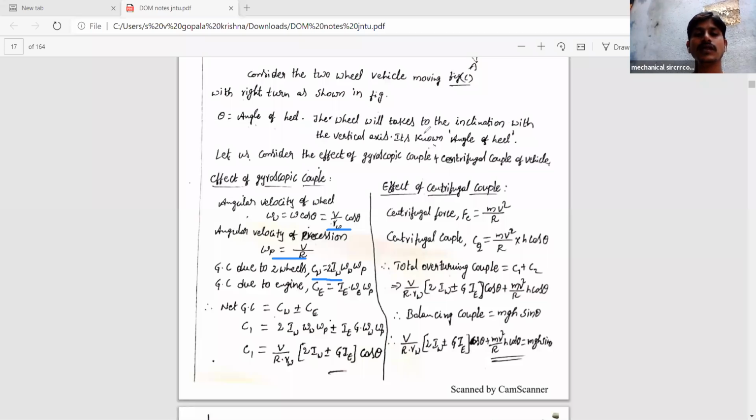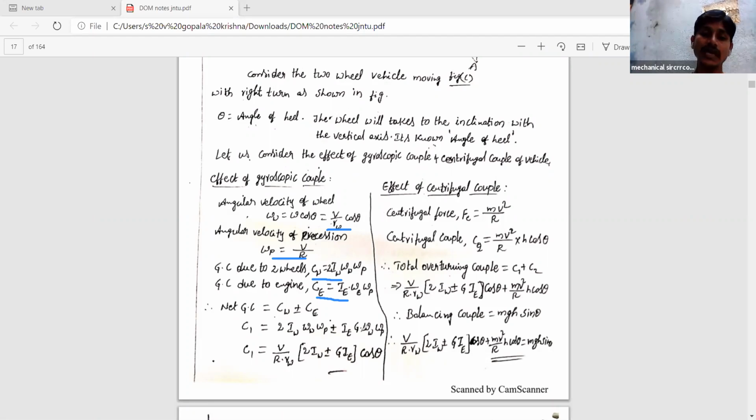Now the net gyroscopic couple. The net gyroscopic couple means the sum of the gyroscopic couple due to the wheels and the gyroscopic couple due to the engine parts. So the net gyroscopic couple C1 equals 2 into I suffix w, omega suffix w, omega suffix p plus or minus I suffix e, omega suffix e.